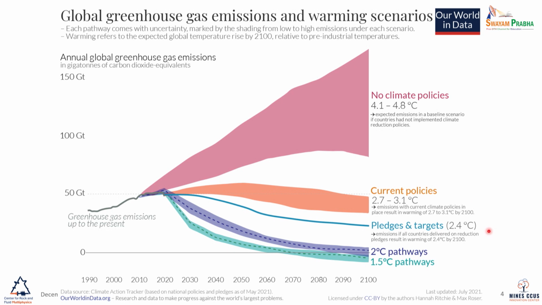And if we do all the pledges and everything comes true, we are looking at about 2.4 degrees. We think that we might be able to hit the 2 degrees target, but 1.5 is outside our reach. We should have gone somewhere along that green line, and that window of opportunity has already passed.